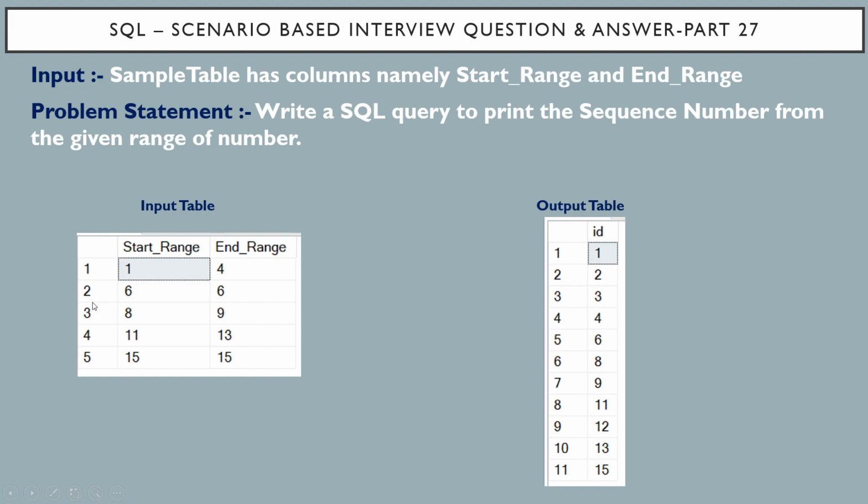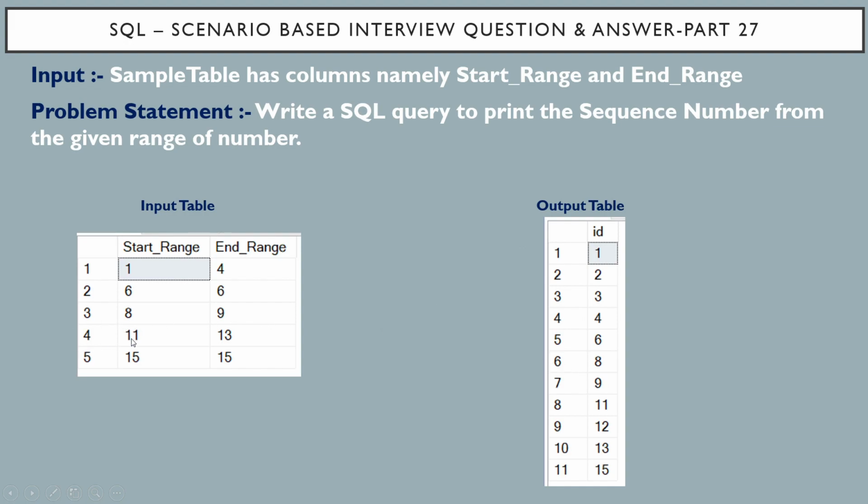Similarly, in row number 2, we have a start range of 6 and an end range of 6, and in the output table we have 6. For row number 3, we have a start range of 8 and an end range of 9, so the output table has 8 and 9.